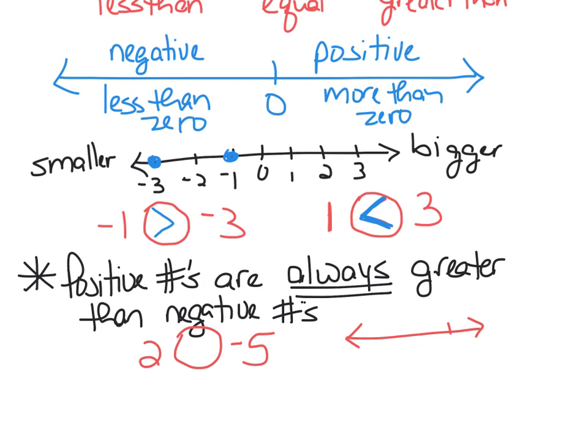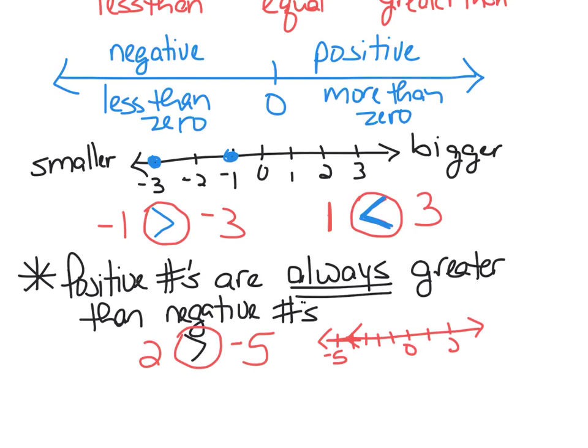You have positive 2 here. Negative 5 there. So in this case, which one's further to the left? Negative 5. So that means 2 is greater than negative 5.